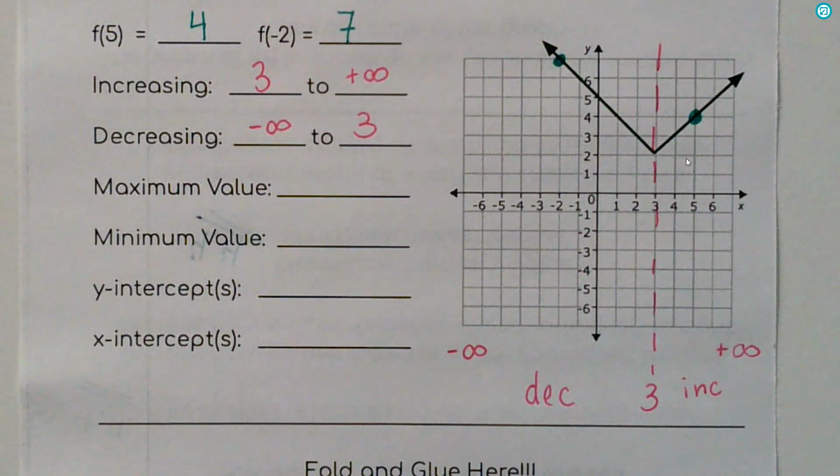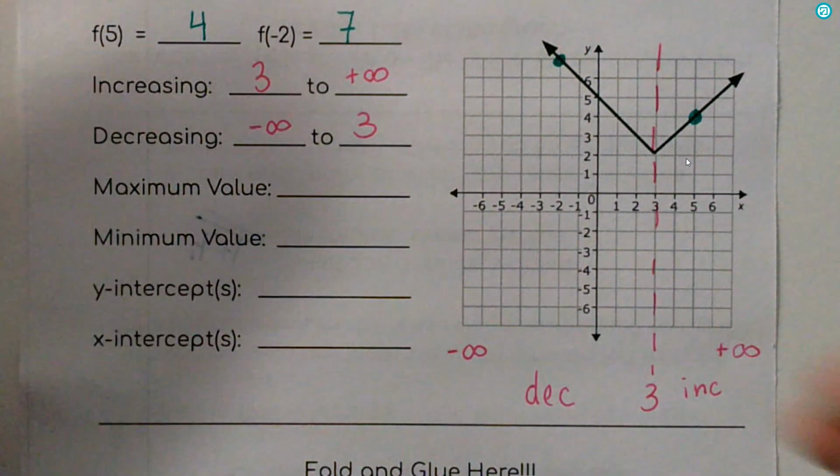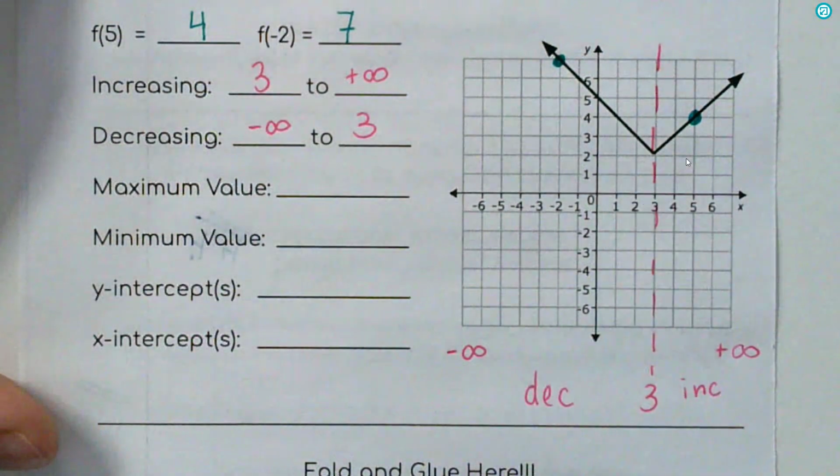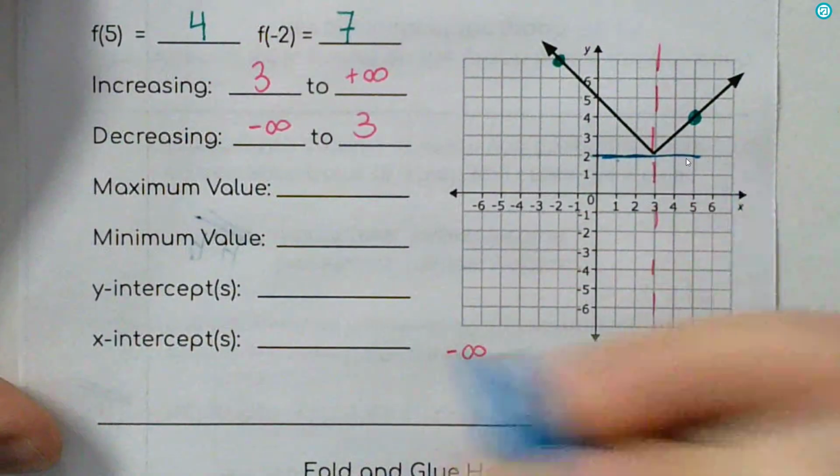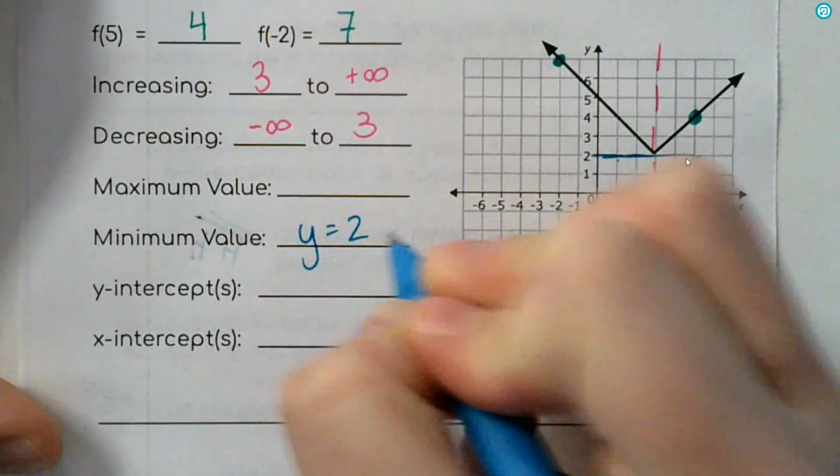Okay. Point up if this graph has a maximum, point down if this graph has a minimum. Okay, this graph has a minimum. What is the minimum? 2. Okay, so this graph has a minimum at 2 right here. So minimum at y equals 2. No max.